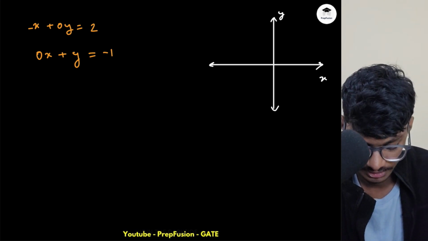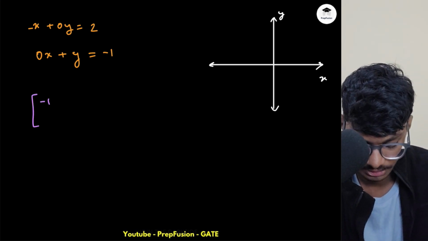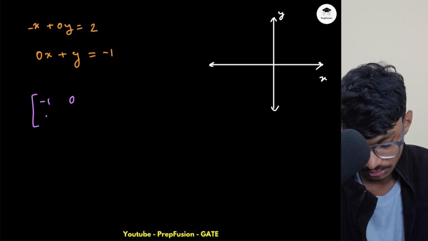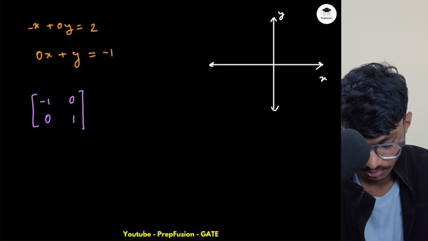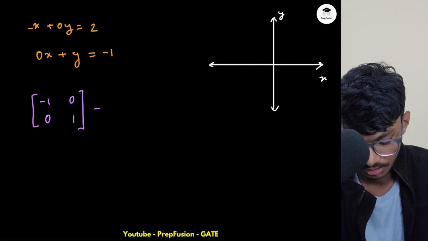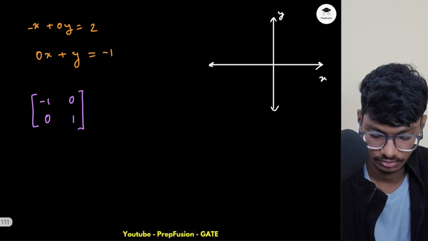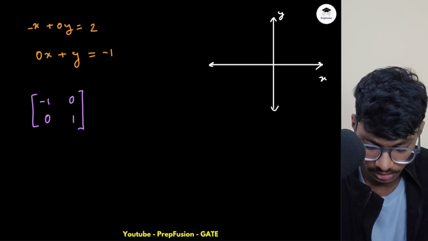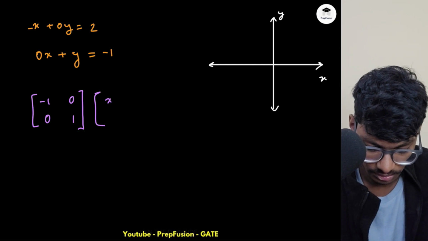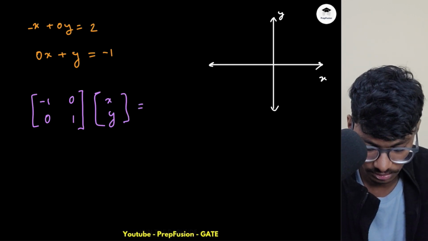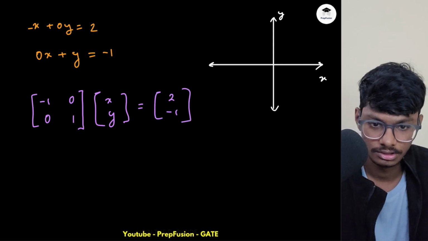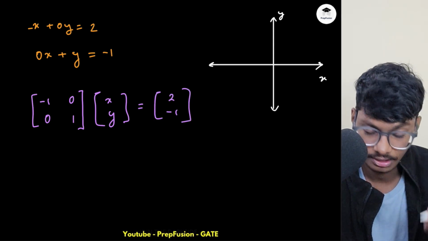In matrix format, this will be minus 1 0, 0 1, times x y, equals 2 comma minus 1, okay.